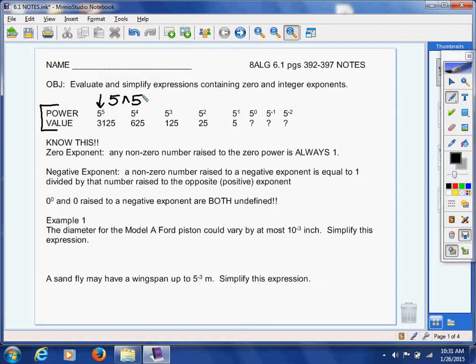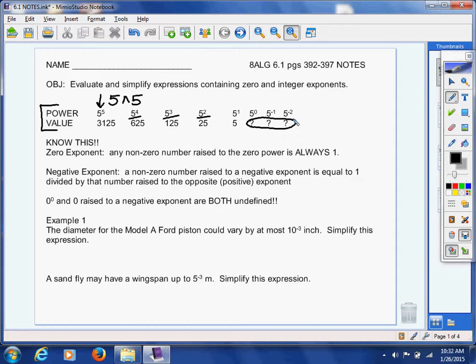That is going to be true for each of these other powers, 5 to the 4, 5 to the 3, 5 to the 2, etc. I just wanted to show you what's happening with these numbers each time, because down here we're getting to a 0 power, a -1 power, a -2 power, and I want to show you the pattern.